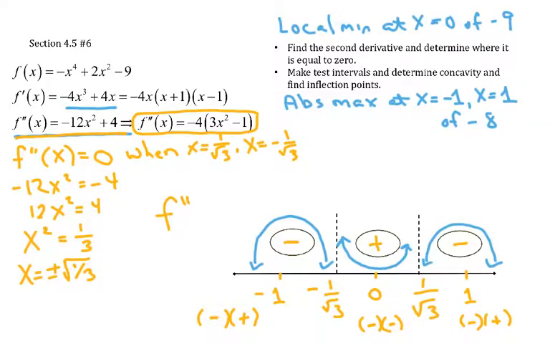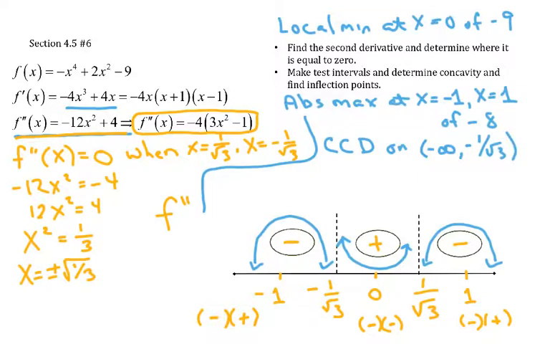So let's summarize this. We are concave down on negative infinity to negative 1 over the square root of 3 and positive 1 over the square root of 3 to infinity.